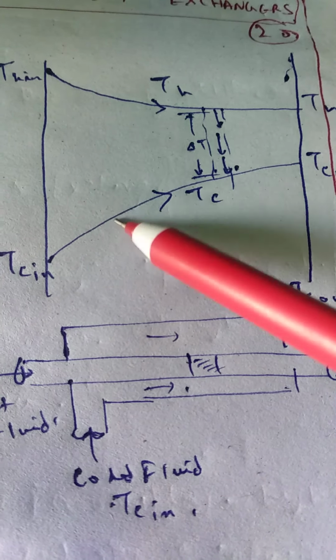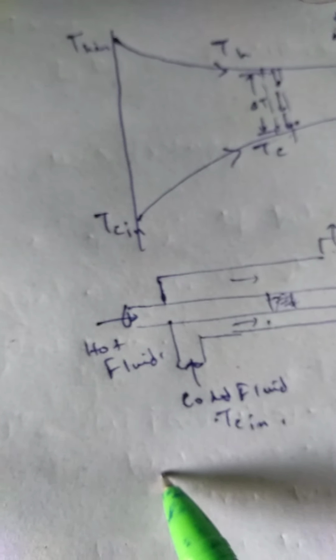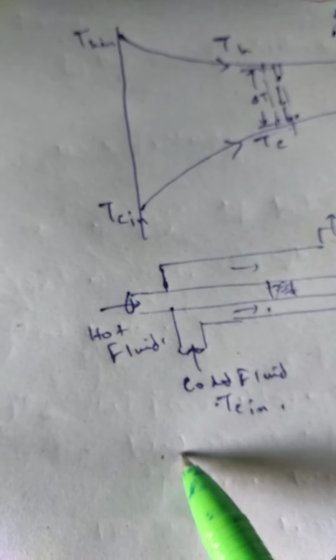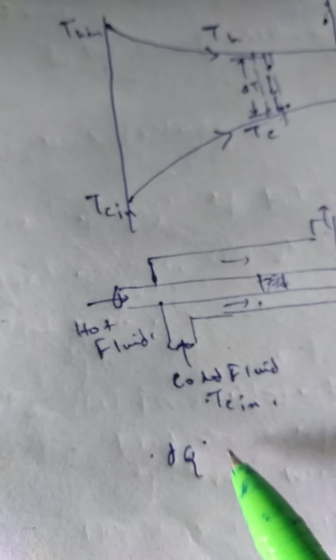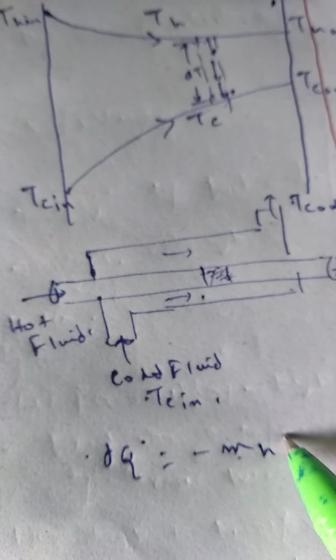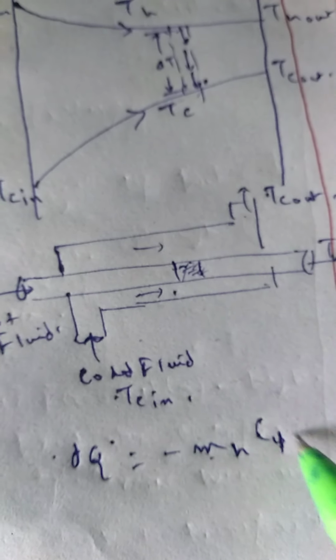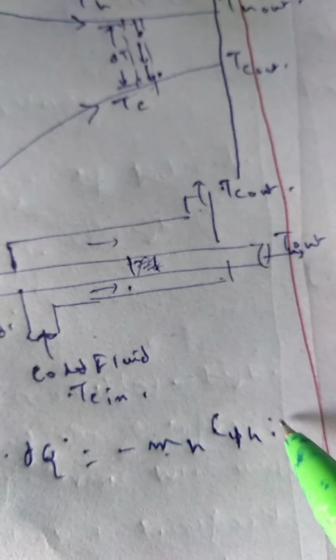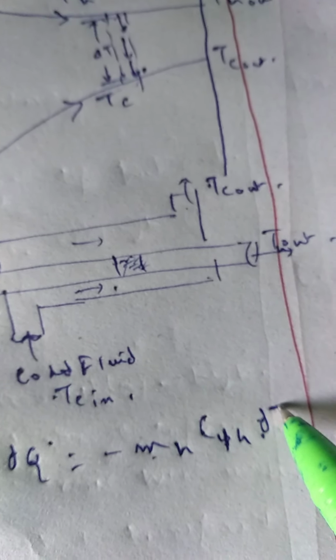Considering a small section of the heat exchanger, for the hot fluid, the small amount of heat energy that is being lost is minus mH Cph into dTh. This is minus because heat is being rejected.